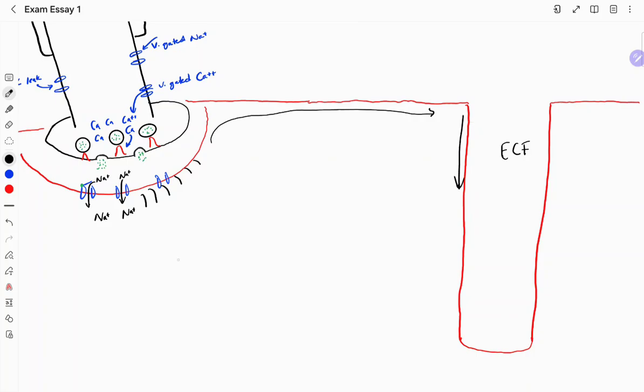And I'm just going to draw a block here to represent what we call our sarcoplasmic reticulum, or I'm just going to abbreviate it as SR.